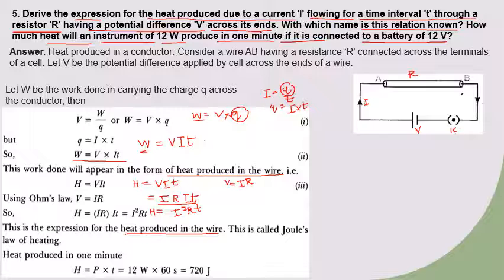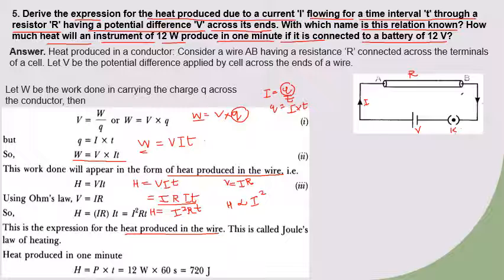So this is the expression of heat produced in the wire. This expression shows that heat is directly proportional to the square of the current passing through the wire. The more current passing through the wire, the more heat is produced. The more resistance of the wire, the more heat is produced.